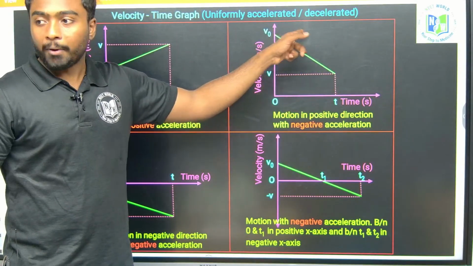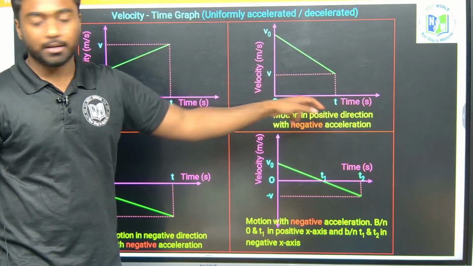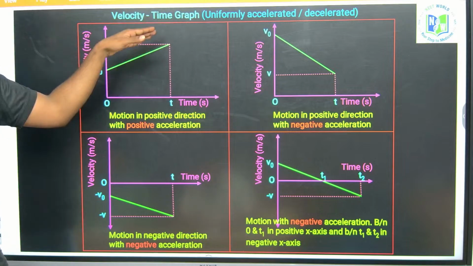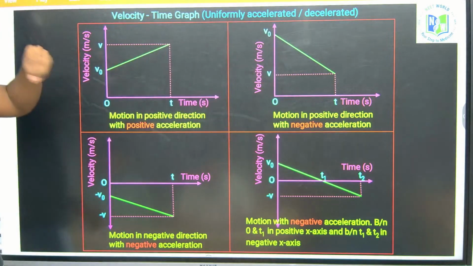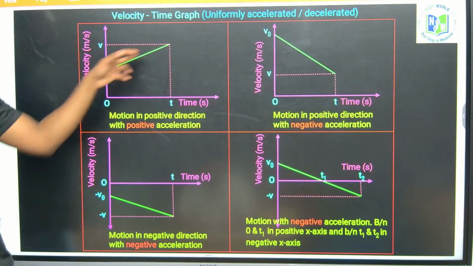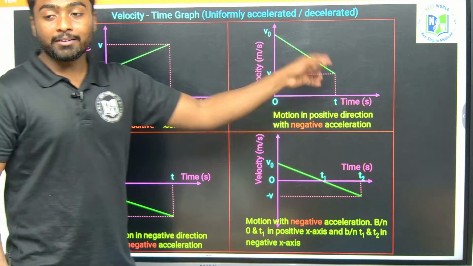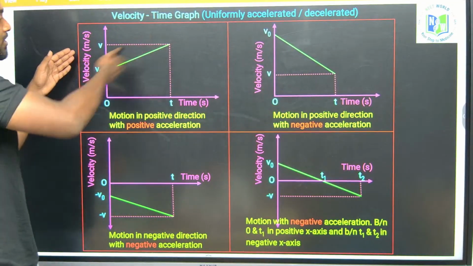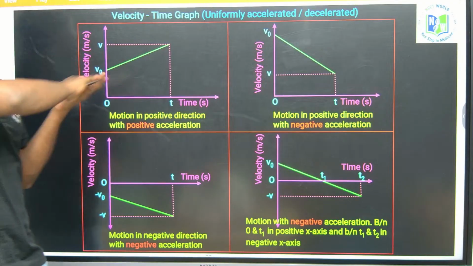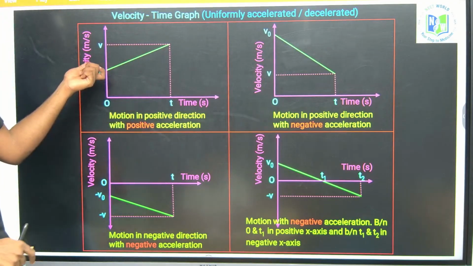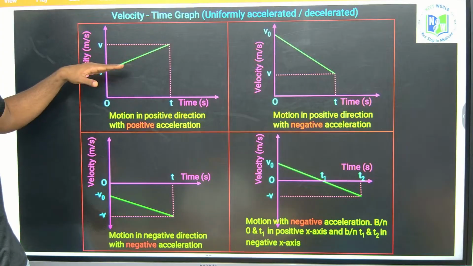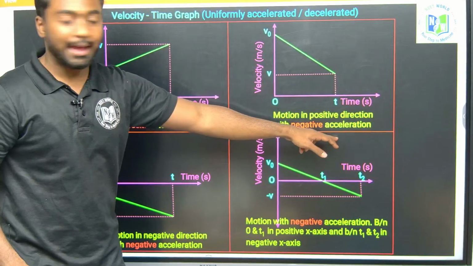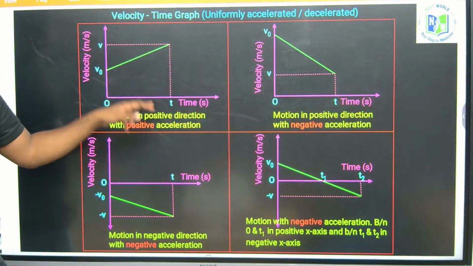Here positive direction only but negative acceleration, here positive direction and positive acceleration, the angle is increasing. Here the angle is constant, the slope is constant. It is a less than 90 angle, greater than 90 angle, so it is decreasing, meaning negative acceleration, and this is positive acceleration.